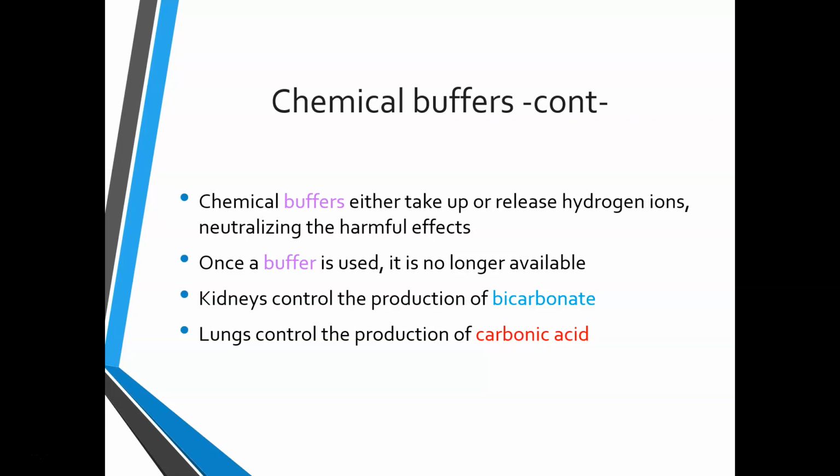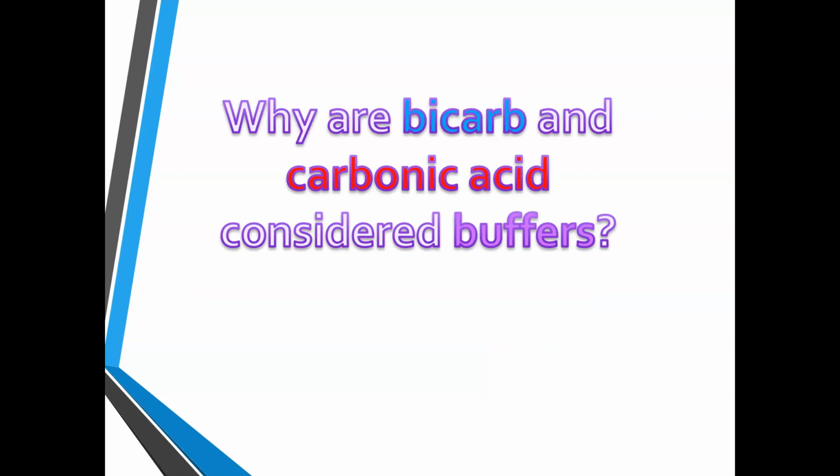These buffers either take up or release hydrogen ions, neutralizing the harmful effects. Once a buffer is used, however, it is no longer available. Kidneys control the production of bicarbonate, and lungs control the production of carbonic acid. So why do you think bicarb and carbonic acid are considered buffers?